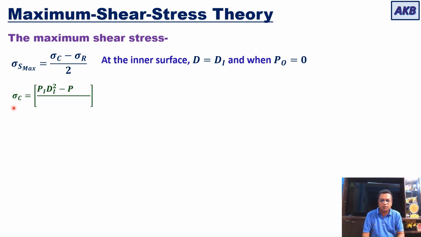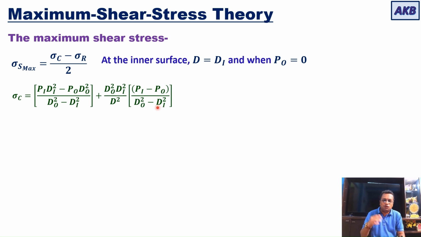So you have this equation for sigma C: (Pi Di square minus Po Do square) divided by (Do square minus Di square) plus (Do square into Di square upon D square) into (Pi minus P naught) divided by (Do square minus Di square). So this is the equation for circumferential stress. I have derived it in one of my previous videos.